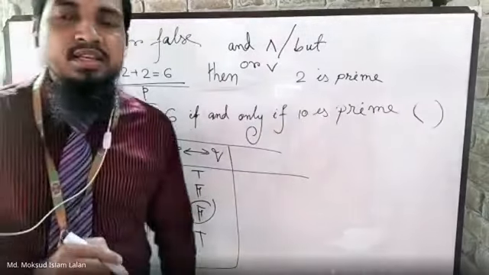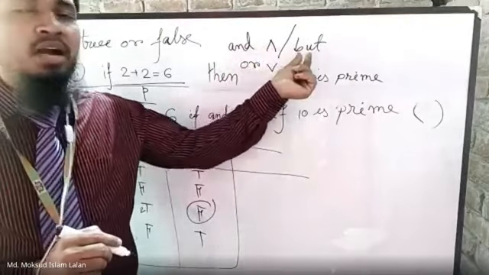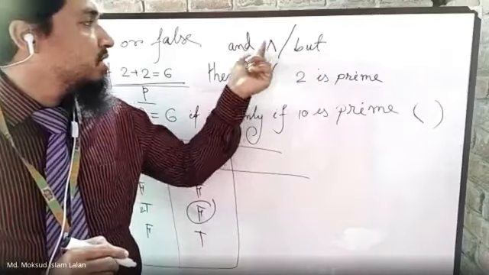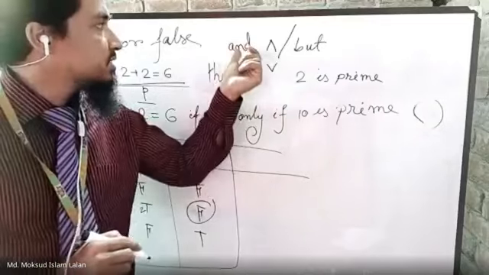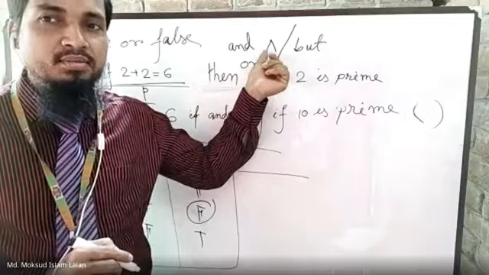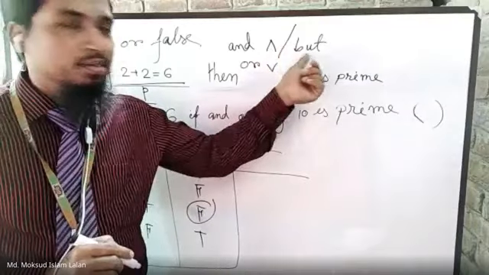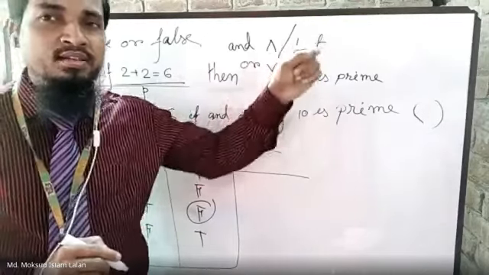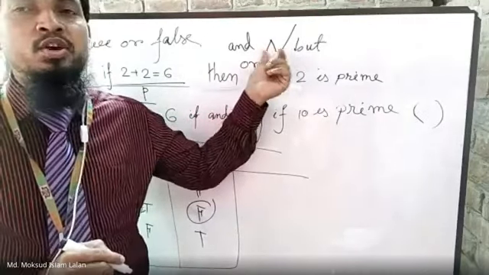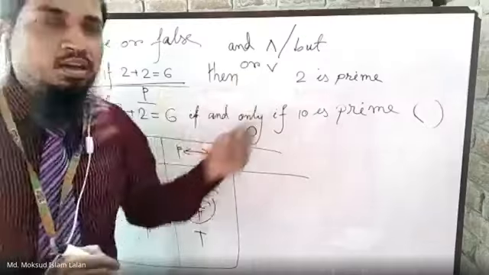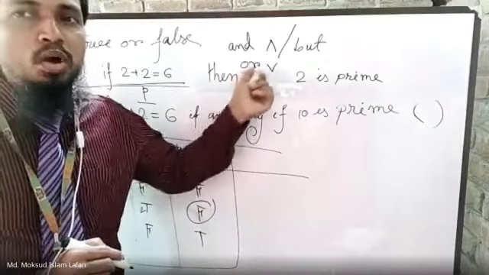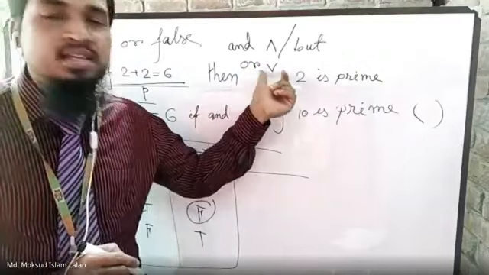This compound sentence you can write with "but" also. If you find any word in a sentence connected by "and" or "but", you may think this is a conjunction. If you find the word "or", then you can think this is a disjunction.